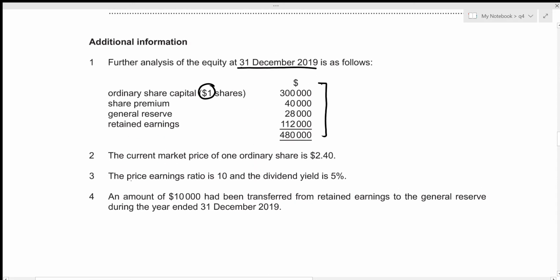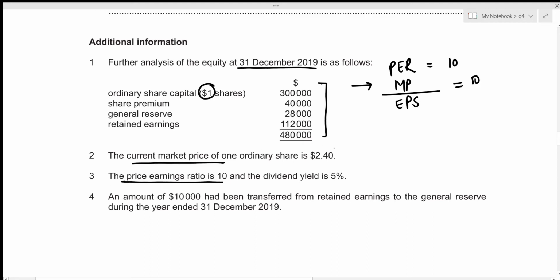Okay, so the first ratio is price earnings ratio, and it has the value of 10. So price earnings ratio has a value of 10, and we know that the formula for price earnings ratio is just going to be the market price of the share divided by the earnings per share, and this is 10. We are already given the current market price of one ordinary share, which is 2.40.